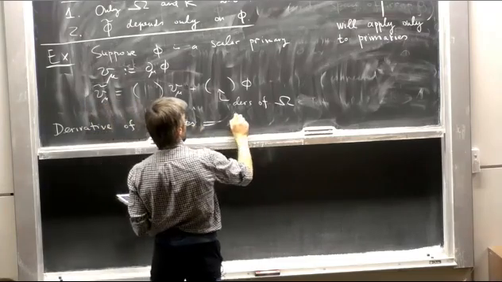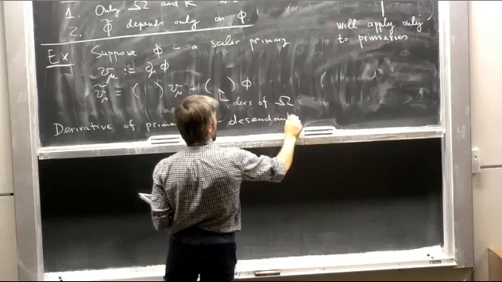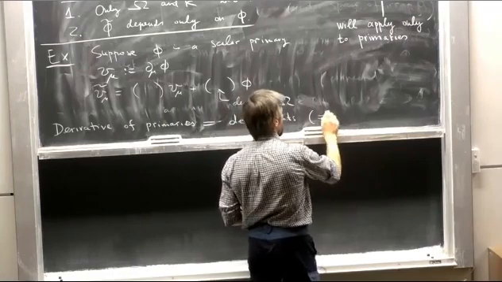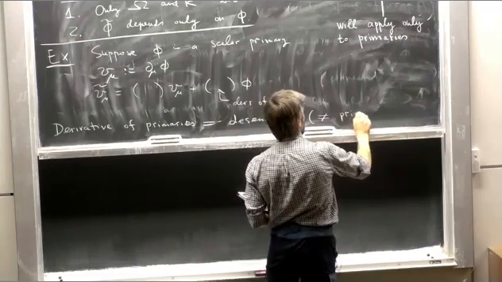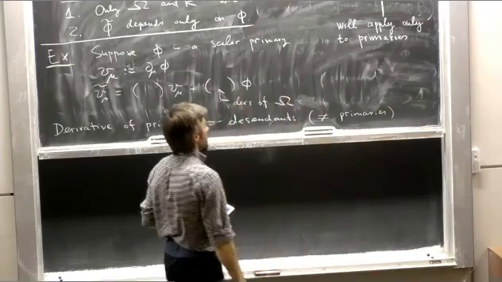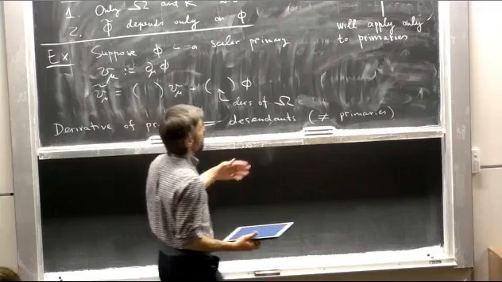Which are called descendants. And the derivatives of primaries are definitely not primaries themselves. And now we have a problem, because you would like to know if for some reason there are some fields which are neither primaries nor descendants.